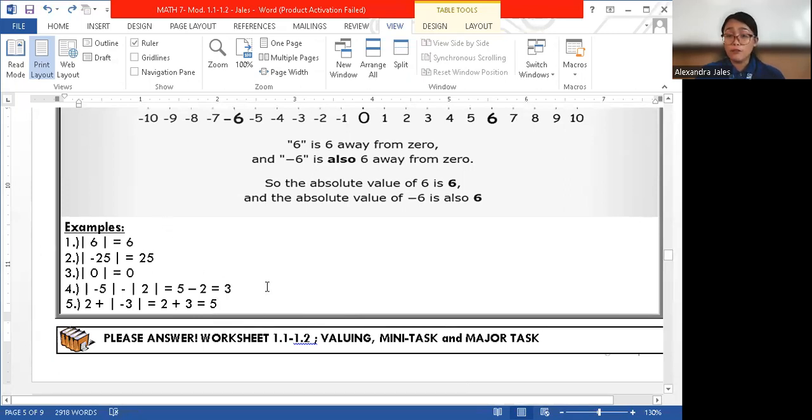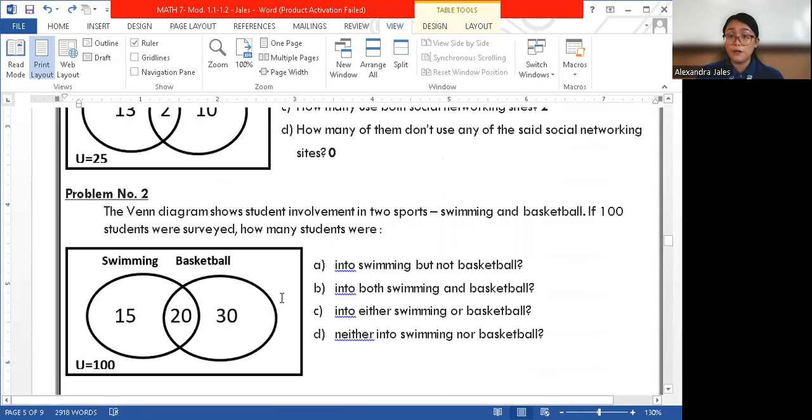Okay, that would be all for our discussion today. Take note again, get 1/4 sheet of pad paper, write your name, grade and section, write problem number 2, and don't forget to write the letters. Answer only. And of course, after this, you are free to answer your remaining activities.